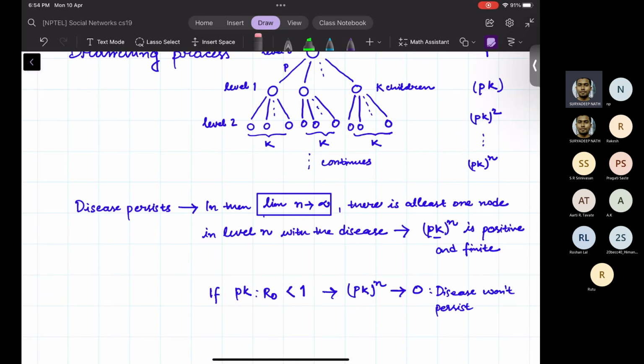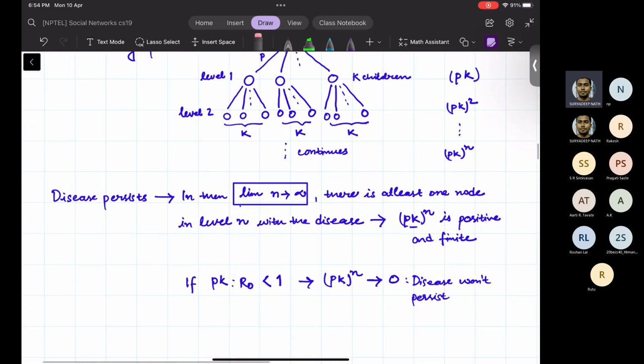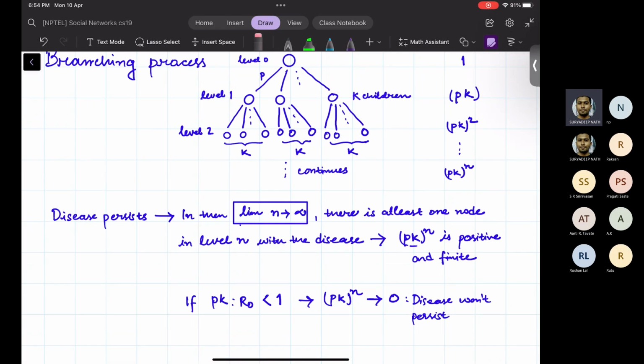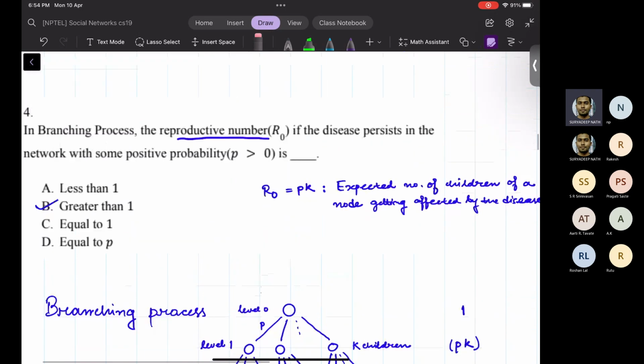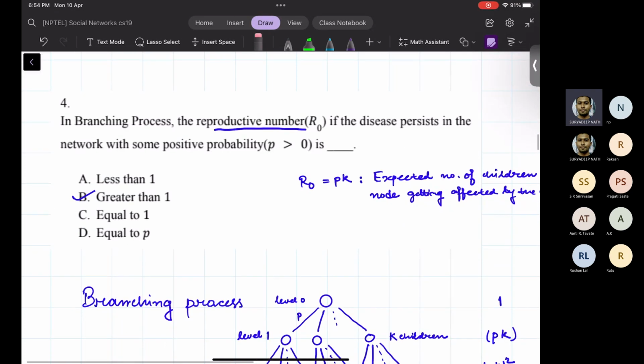It means that in the limit n tends to infinity, there is at least one node in level n with the disease, which means that pk to the power n stays positive and finite. If pk, that is R naught, the reproductive number, is less than 1, pk to the power n will go to 0 as n tends to infinity, and the disease won't persist. So the disease persists when pk is greater than 1. So the right answer for question 4 is option B.